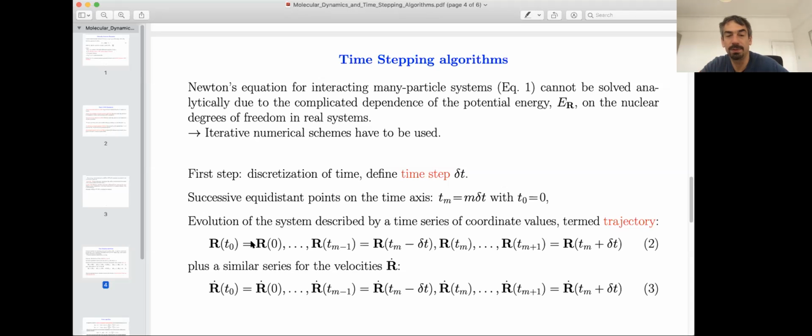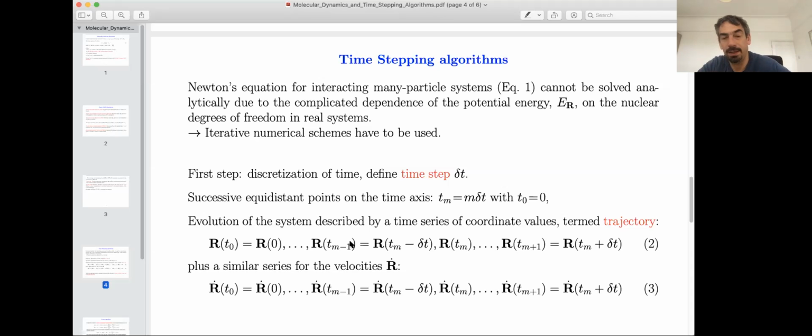And then you solve Newton's equation of motion, then you create the next nuclear configuration of the molecule, which is then different. So the nuclei have moved. And then again here, you solve the DFT Kohn-Sham equations to again obtain the Kohn-Sham energy and the forces acting on the nuclei at that given configuration.